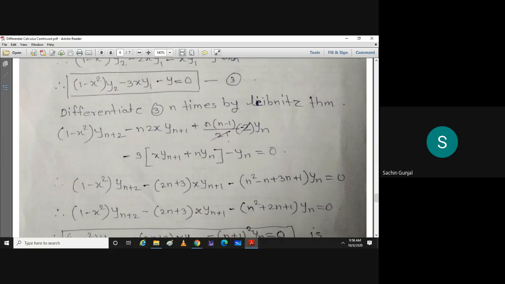Here it is minus n square plus n, here it is minus 3n, and here it is minus 1. You can take minus out. So you will have n square minus n plus 3n plus 1 times yn equal to 0. Fine?